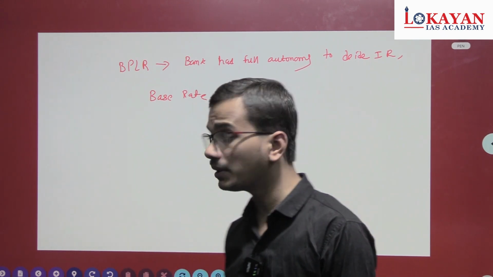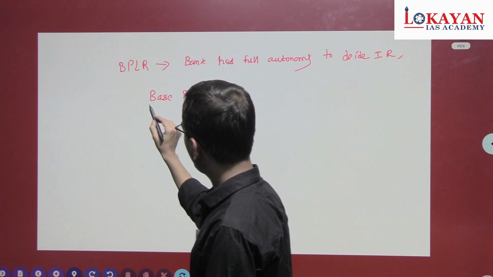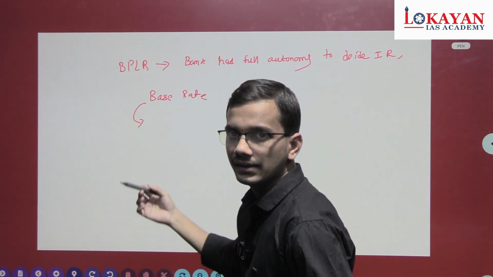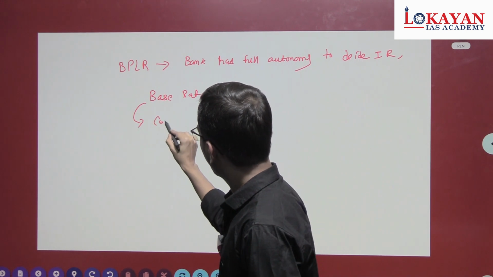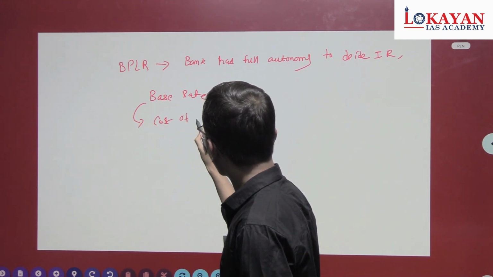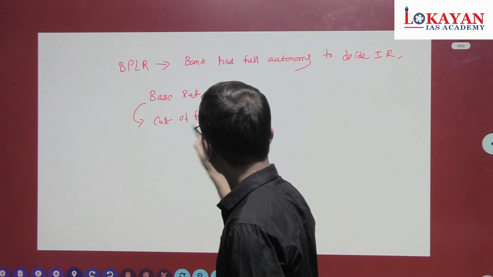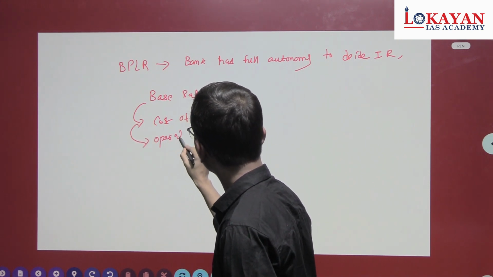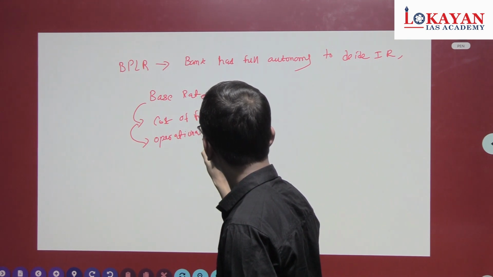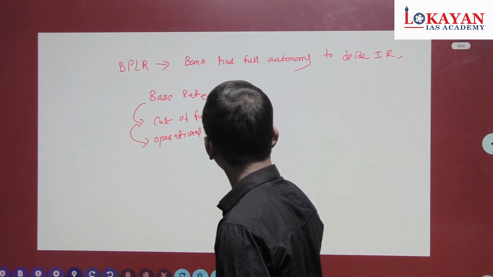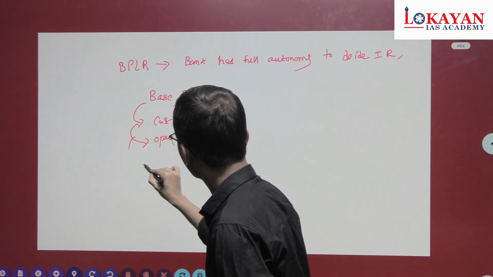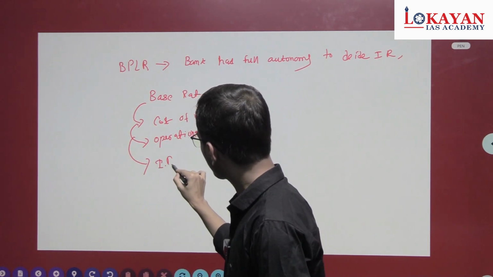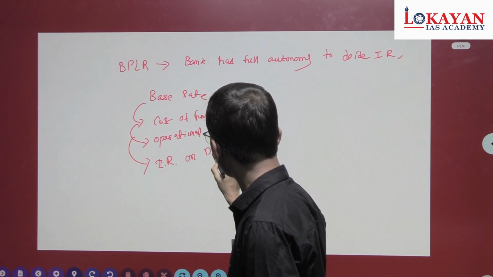Base rate plus spread is equal to interest rate. Spread means margin of the bank. Base rate determined on cost of funds, operational expenses, interest rate on saving, interest rates on deposits.